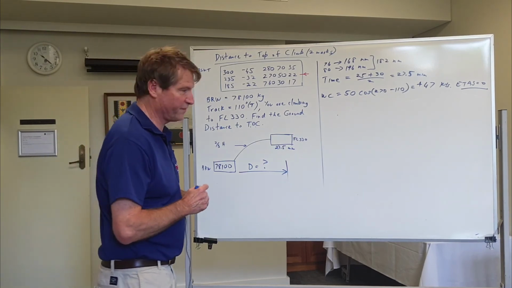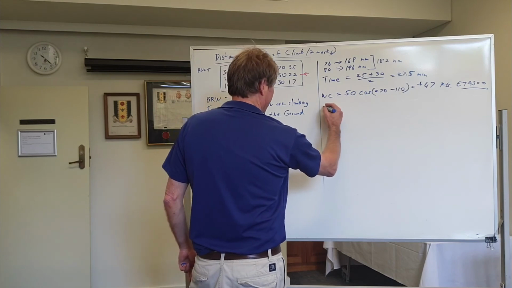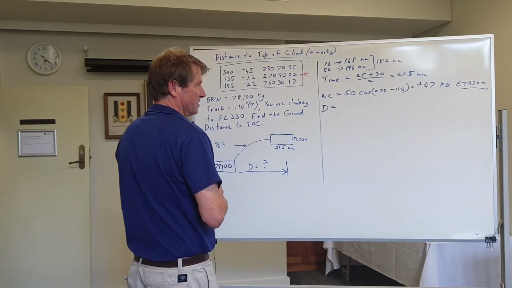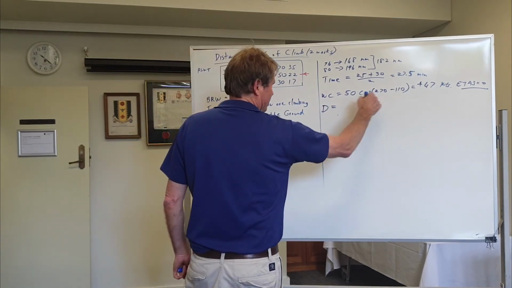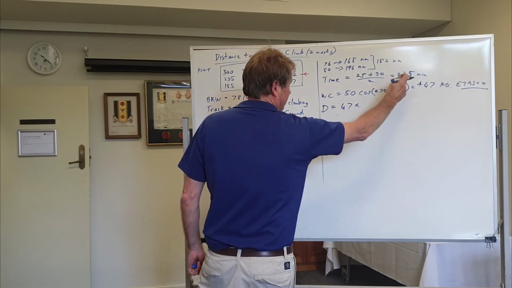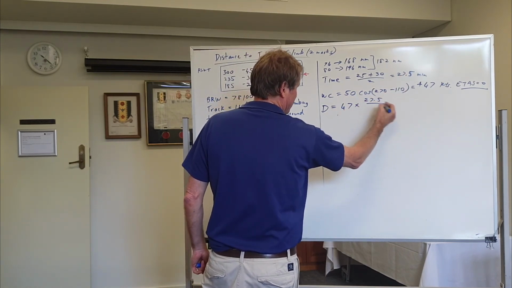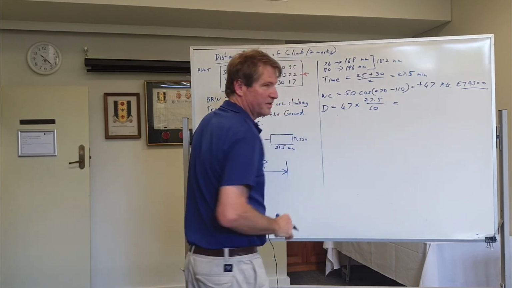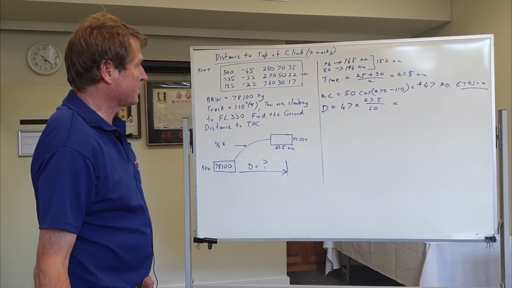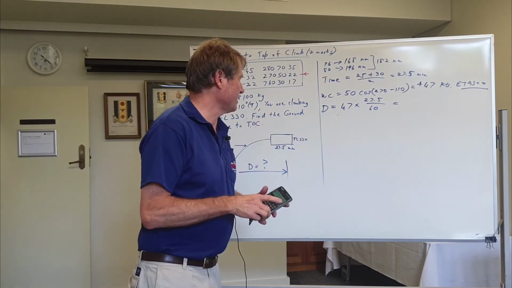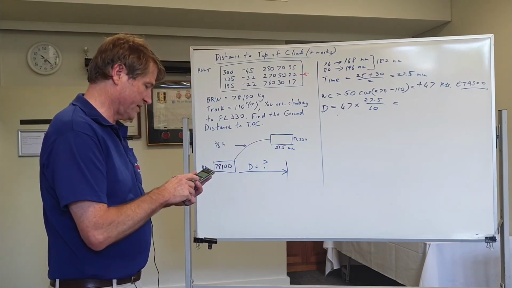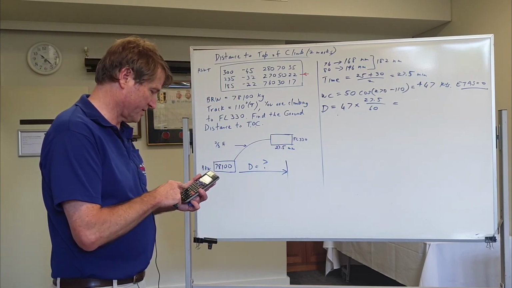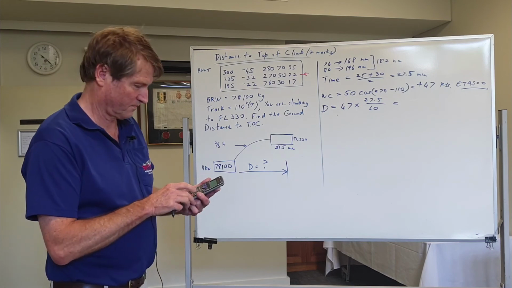Okay, so how much are we affected? Well, simple. Distance equals speed by time, basically. We've got 47 knots exposed to that for, we better put it in hours, so we better divide by 60. So basically half an hour at 47 knots, so it's going to be about 25 miles, something like that. Yeah, 22.